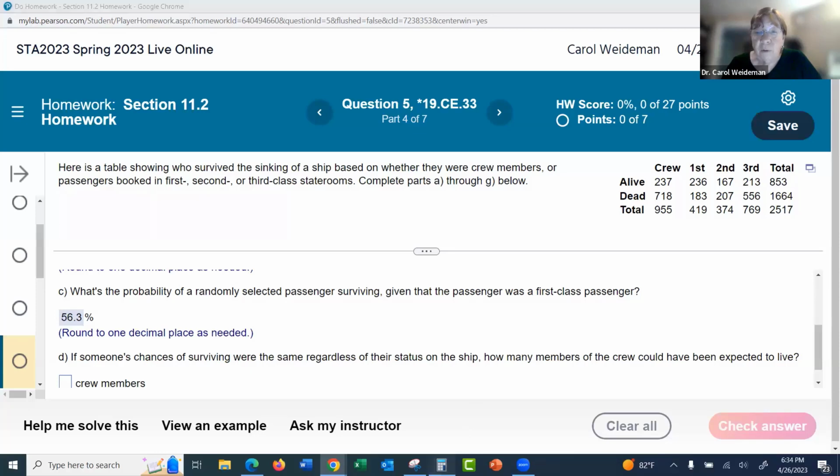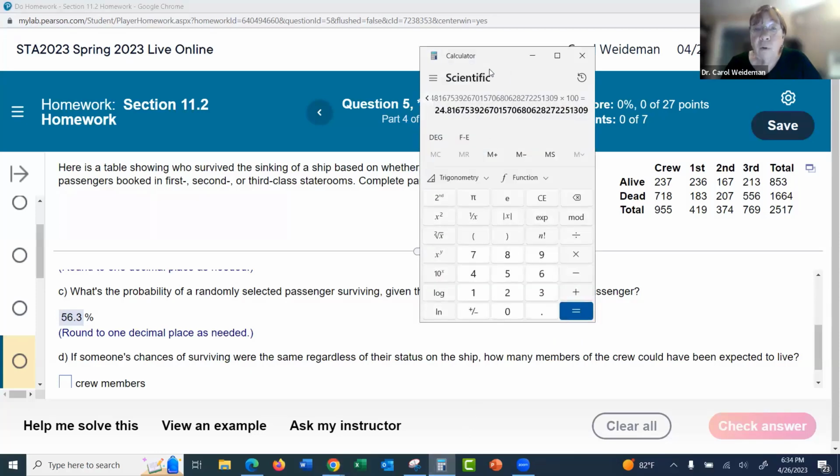So what did we do before? We took the row total. So we're looking at this cell here, 237. The row total for that row is 853, times the column total, which is 955, and we're going to divide by the overall total, which is 2517.